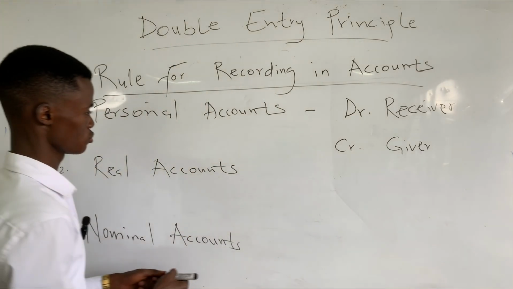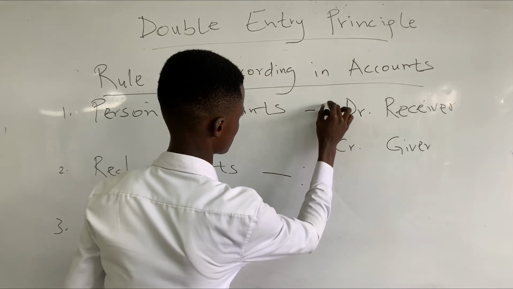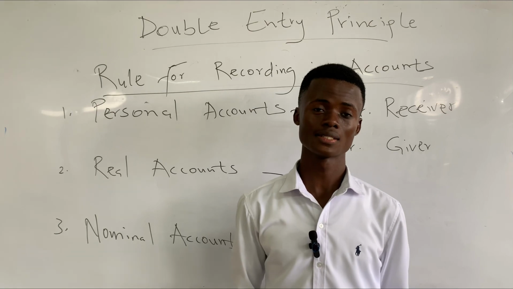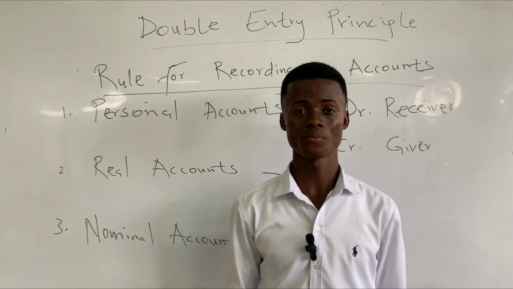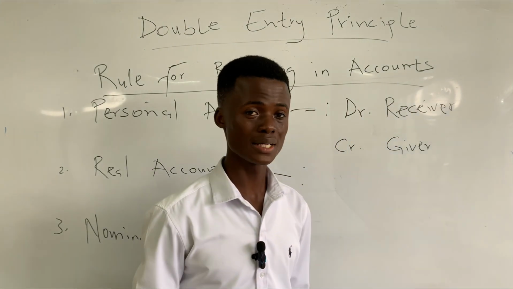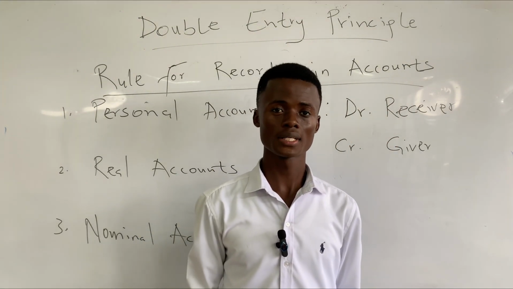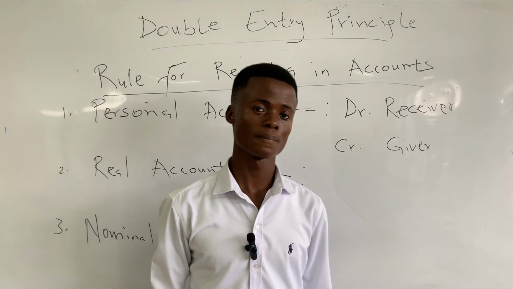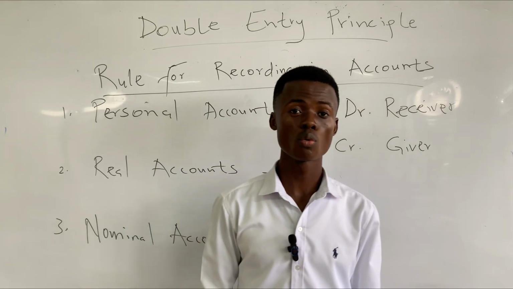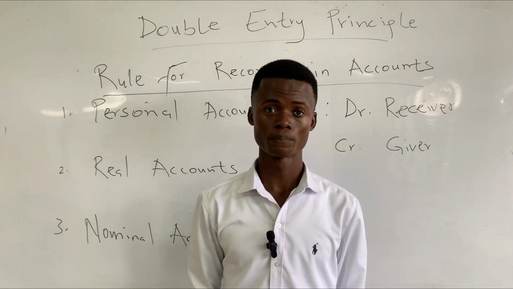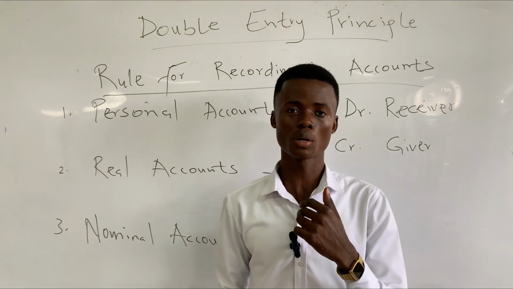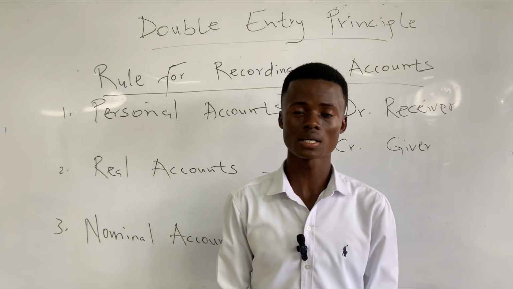Under the real account, the rule says that since the real account does not deal with persons or business organizations, there is no receiver nor a giver. So the rule states that you should debit what comes in and then credit what goes out. Remember that the real accounts relate to tangible items or property. When something is coming into the property account, you should debit the property account.